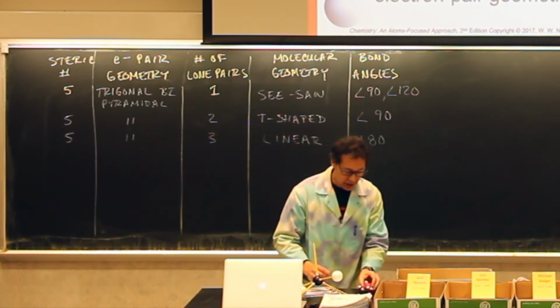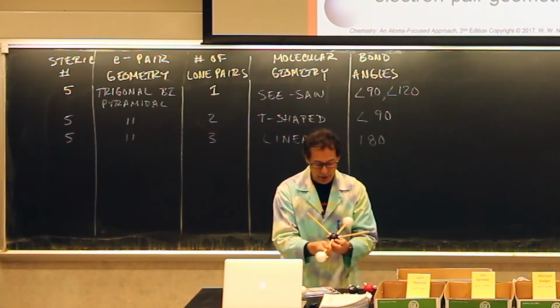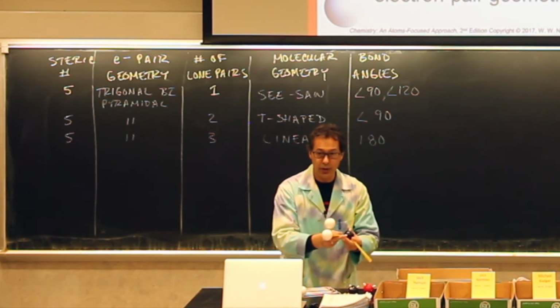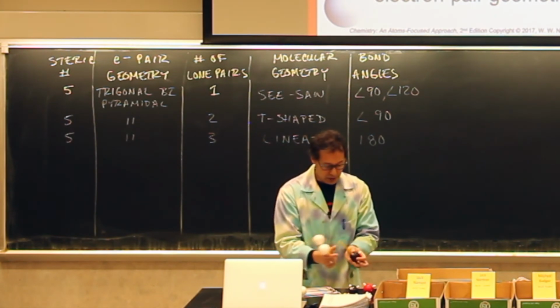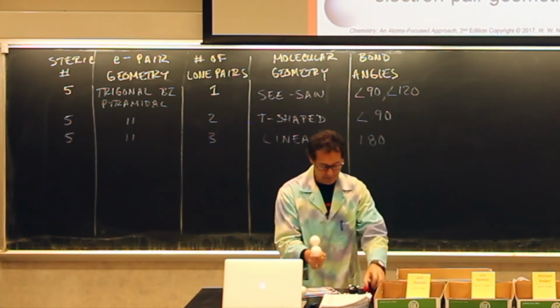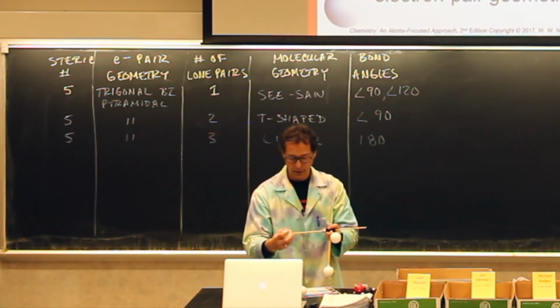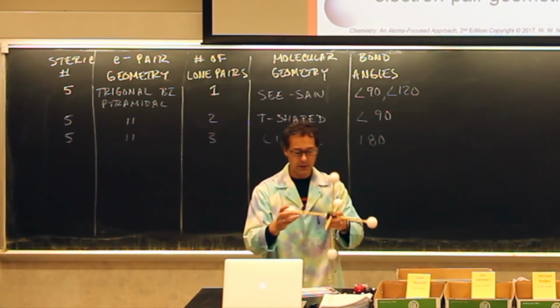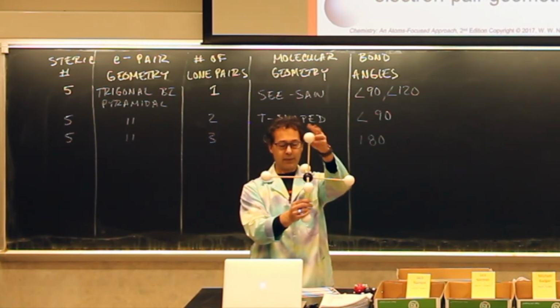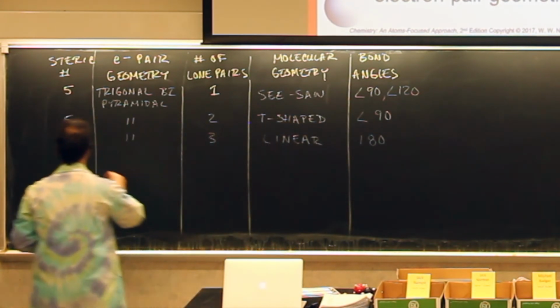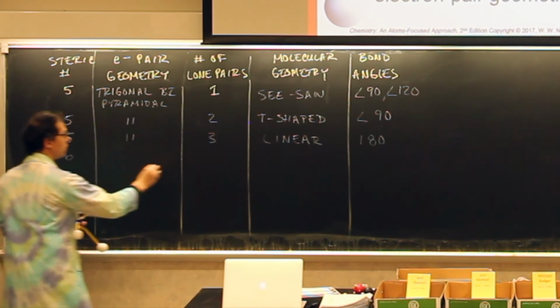Then that's going to take us through steric number 5, and our last steric number is going to be 6. Steric number of 6. No lone pairs.